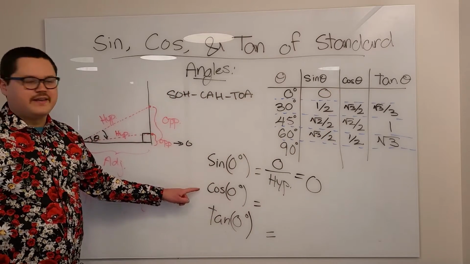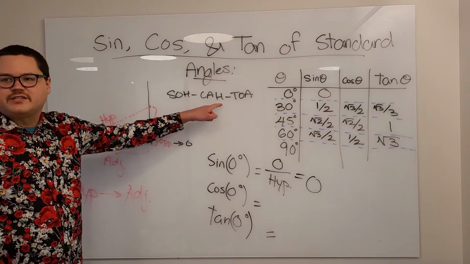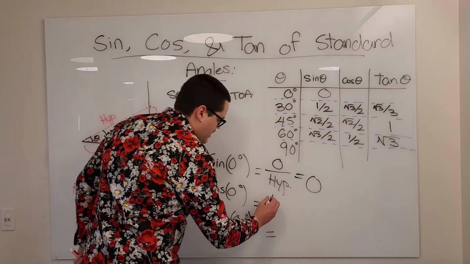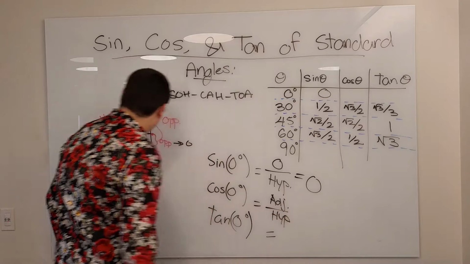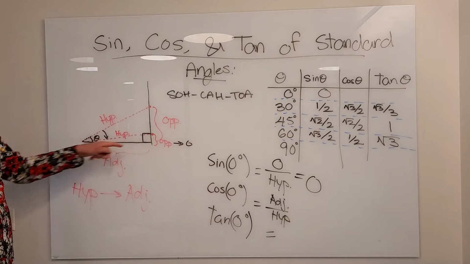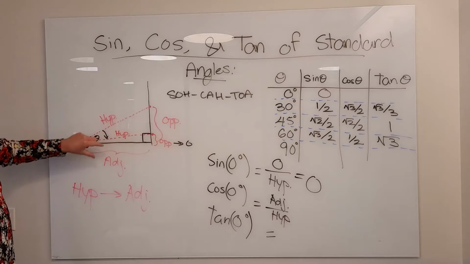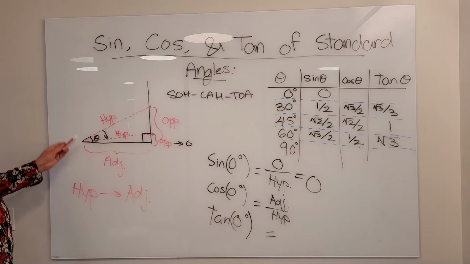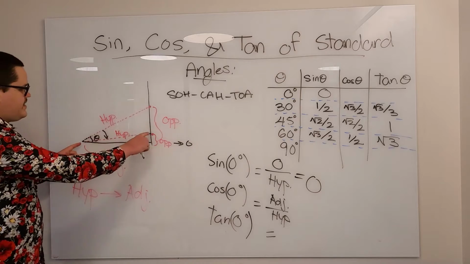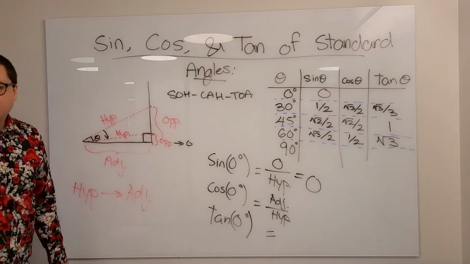What about cosine? That's adjacent over hypotenuse. But in the limit, the hypotenuse and the adjacent become equal. The hypotenuse approaches the adjacent because as the laser pointer descends, this length becomes that.